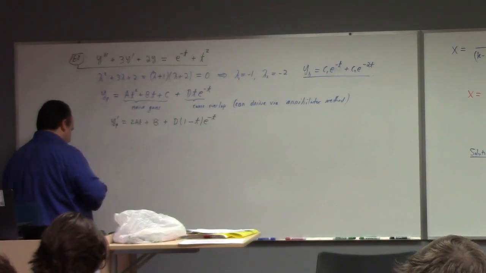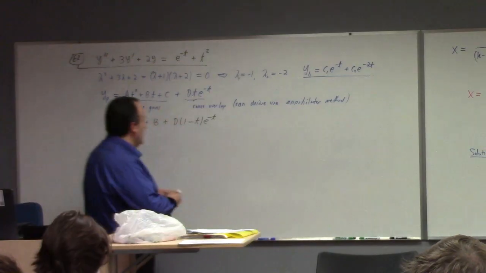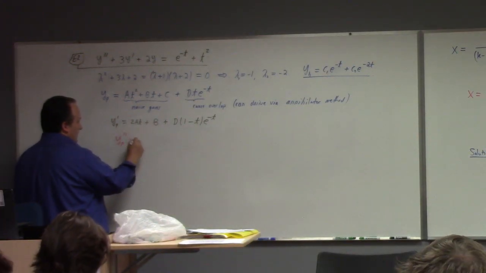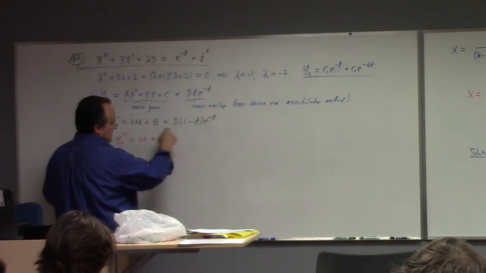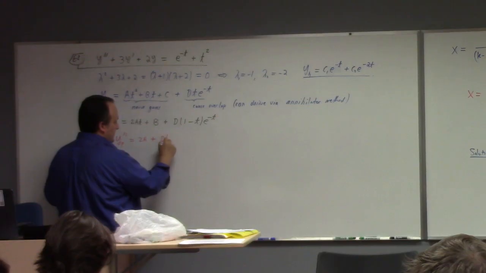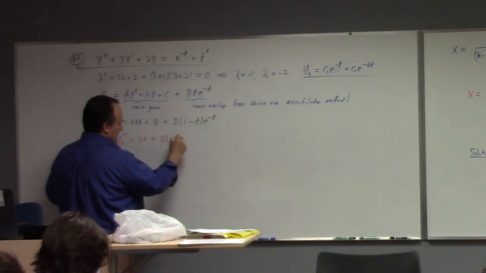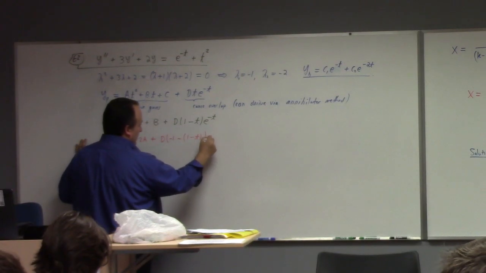And then yp prime prime, that gives me a 2a plus D times minus 1 minus (1 minus t) e to the minus t.